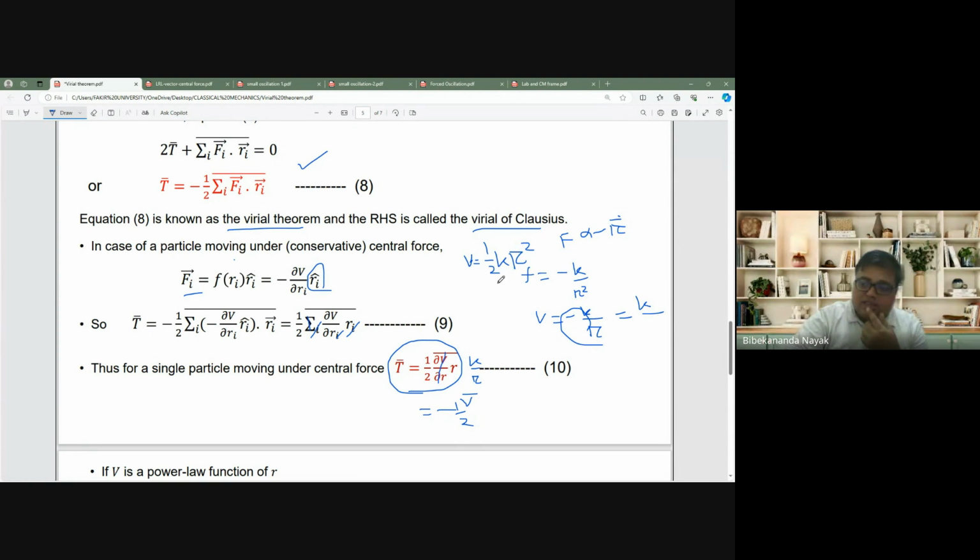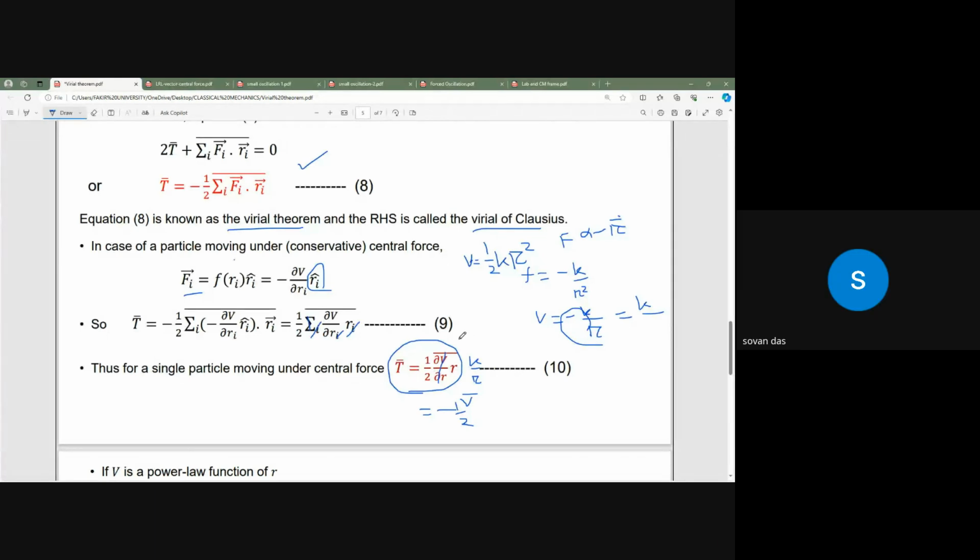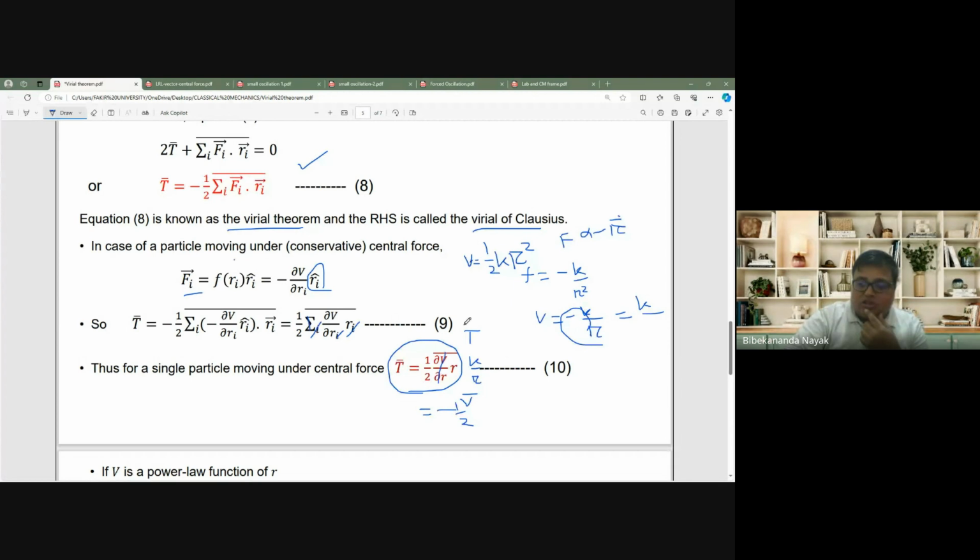If you take its derivative, it will be KR. So R into KR is KR square, and half KR square means V. So for a harmonic oscillator, T average is equal to V average.